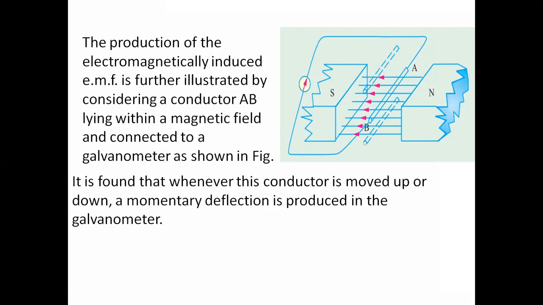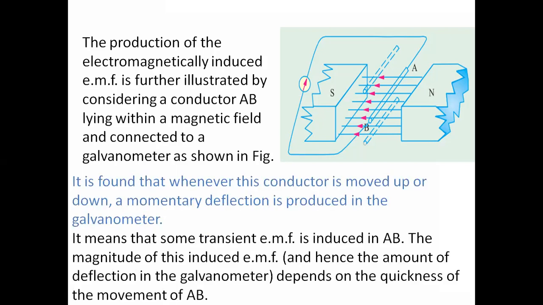Whenever the conductor is moved up or down, a momentary deflection is produced in the galvanometer. So it means that some transient EMF is induced in AB. The magnitude of this induced EMF depends on the quickness of the movement of AB.